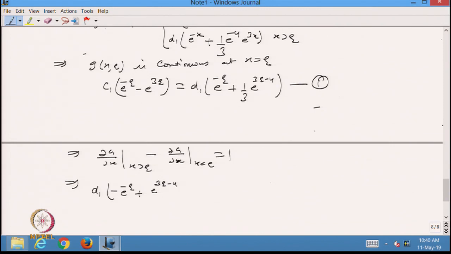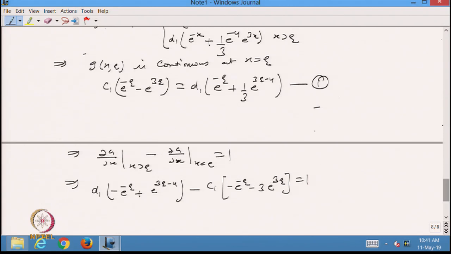So, this value minus C1, and then taking the derivative of this one. So, it will be minus e raised to power minus xi minus 3 times e raised to power 3 xi. Its value should be equal to 1.